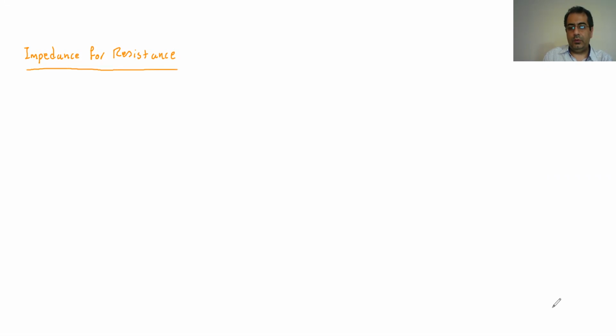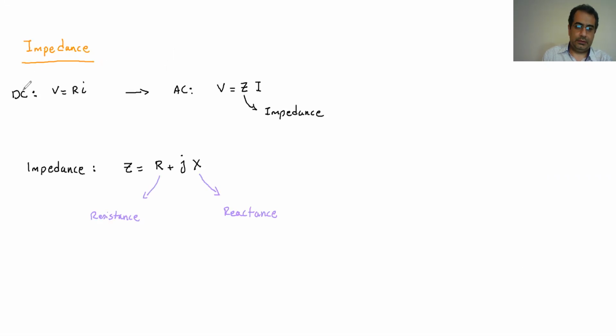Again, if I go back to here, look at what we have. In DC we have Ohm's law, and we want something similar in the AC, so it's going to be V equals Z I. Now, if you have the AC current and only the resistor, we want to see what that equation is going to be.